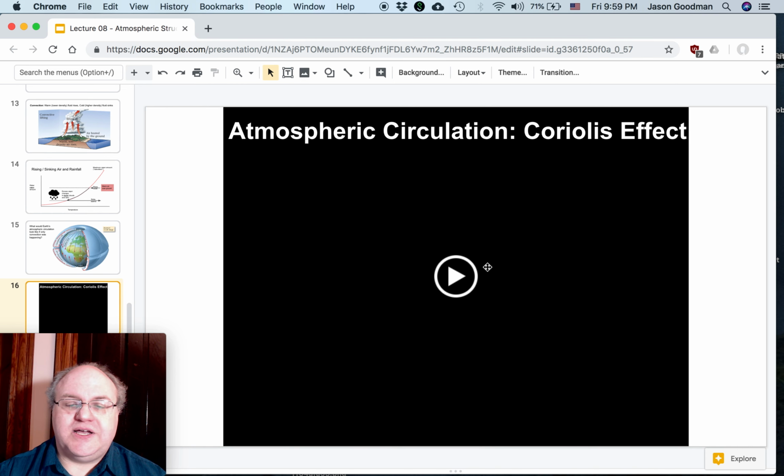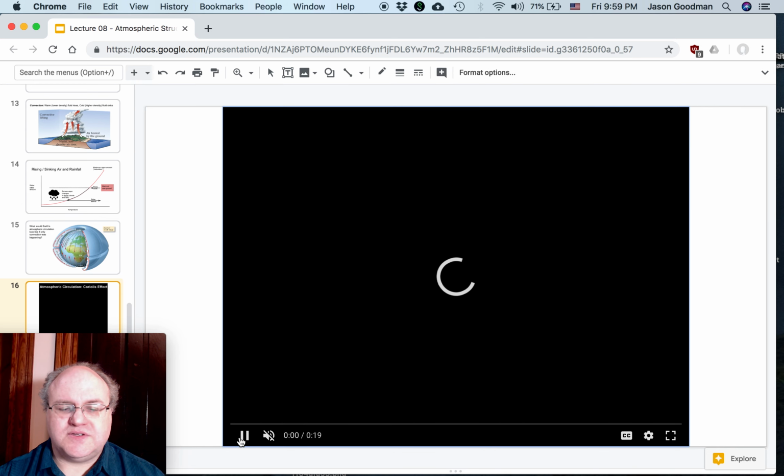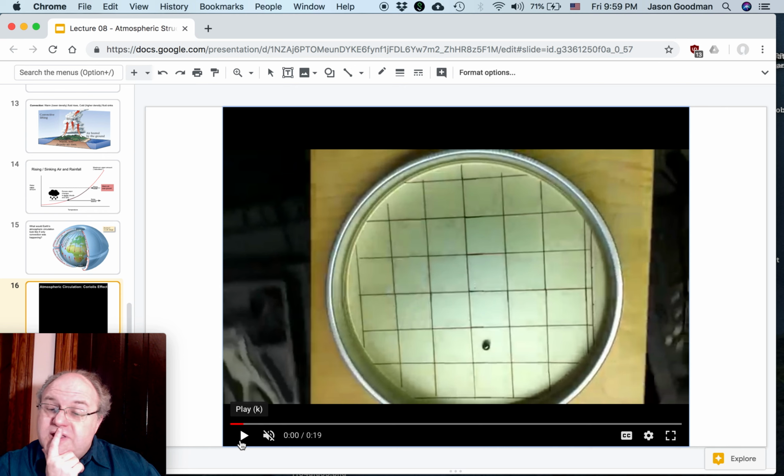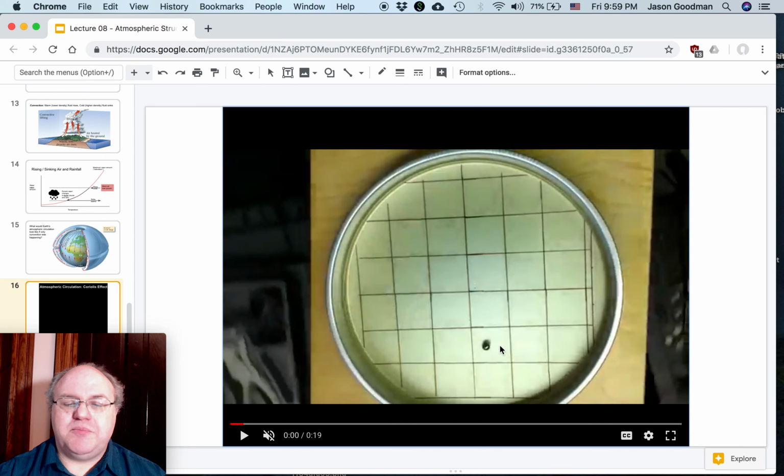One great way to visualize this, let me see if I can start this video here. I may have to sub it in. Okay, here we go. So what we've got here is an experiment from my lab in which I took a metal pie pan with some grid lines on it, and I have it set up on a rotating turntable.